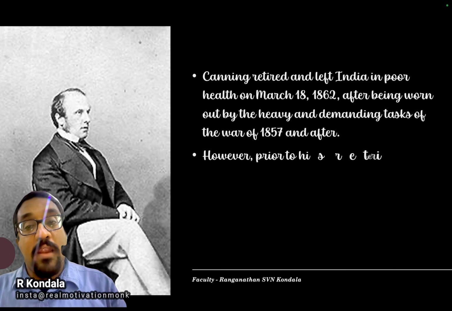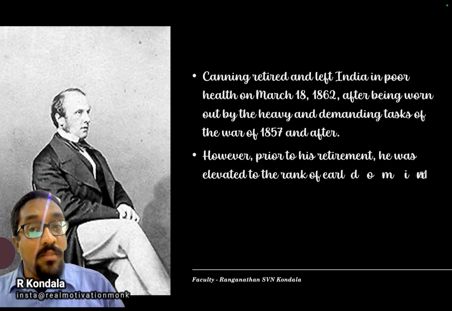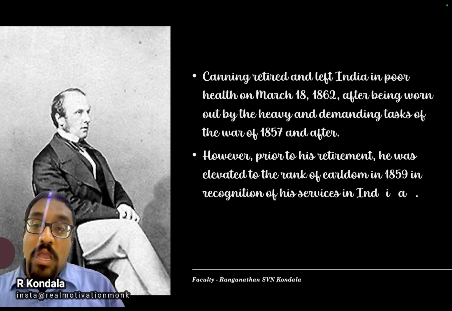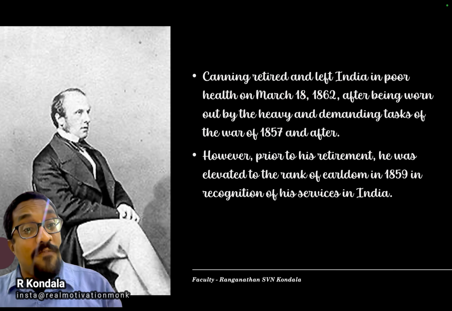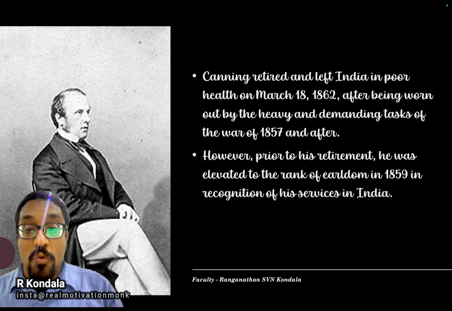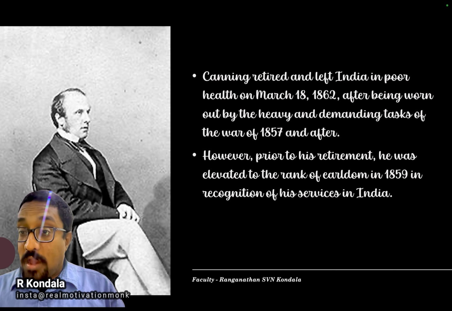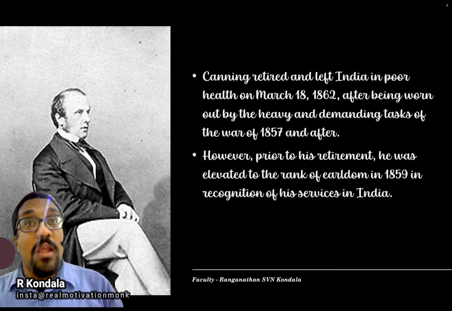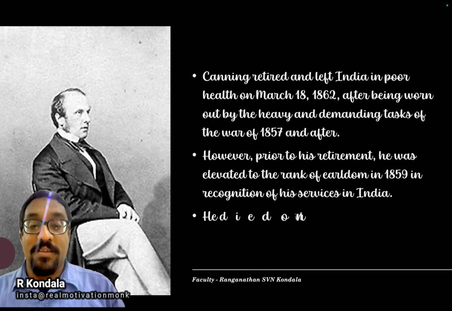Canning retired and left India in very poor health in March 1862 after being worn out by the heavy and demanding tasks of restructuring the government after the 1857 revolt. Prior to his retirement, he was elevated to the rank of earl in 1859 in recognition of his services to British India.